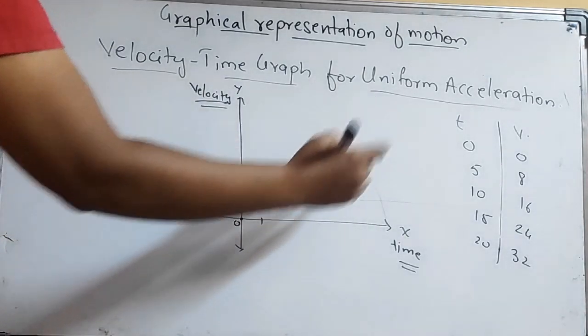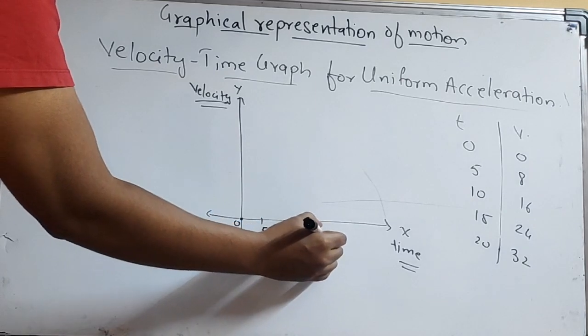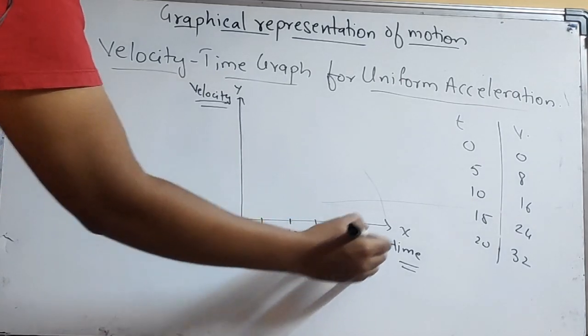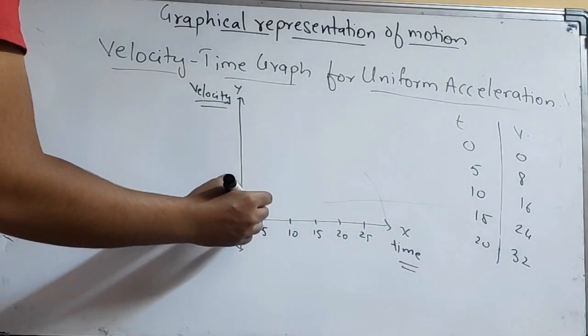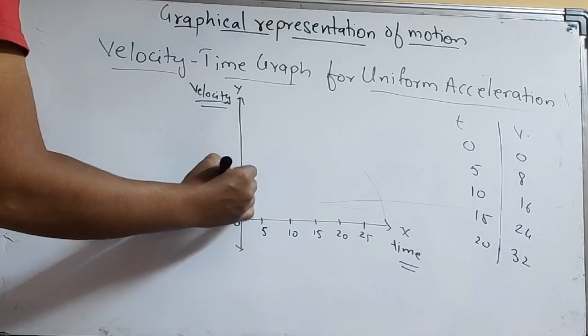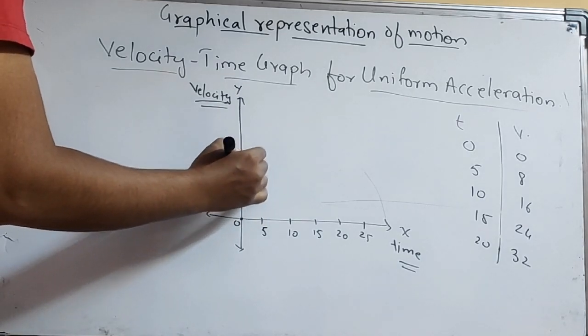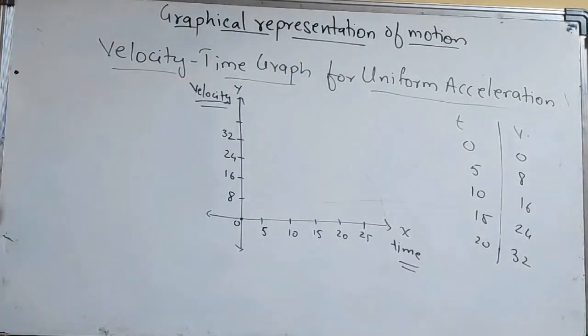Now let us look at time, how it is moving forward: 5, 10, 15, 20, 25, and so on. And how is the velocity changing? 8, 16, 24, 32, and so on.